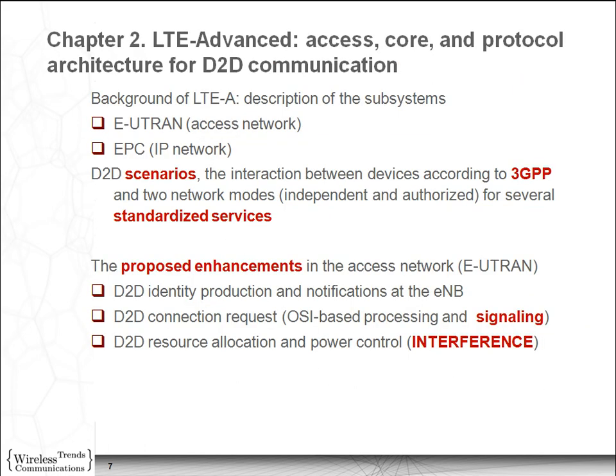Okay, having said that, we can just go to chapter number 2. Here the chapter describes at a very high level how different components in the LTE network would interact with device-to-device.